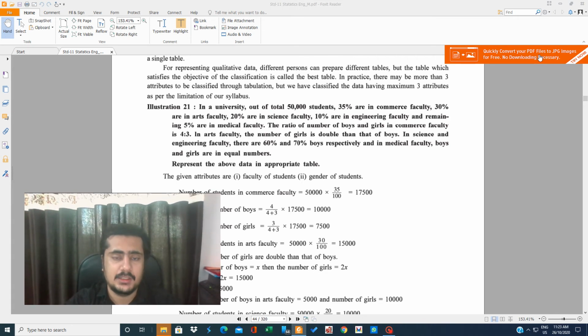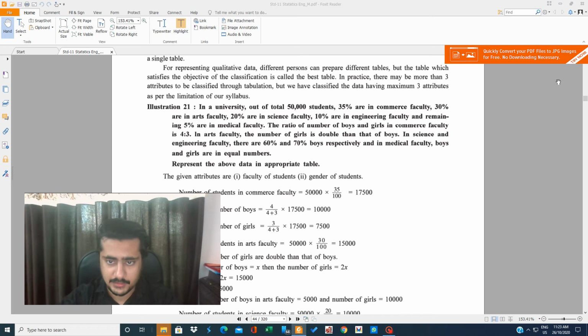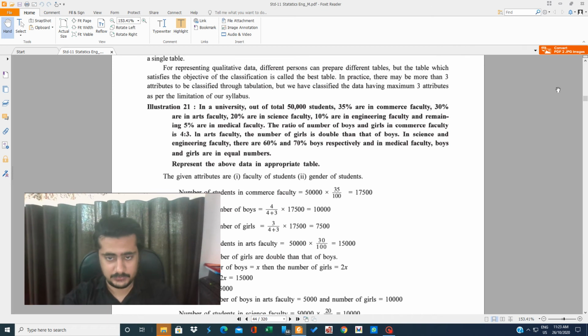In arts faculty, the number of girls is double that of boys. In science and engineering faculty, there are 60% and 70% boys respectively. And in medical faculty, boys and girls are equal. Represent the above data in an appropriate table.